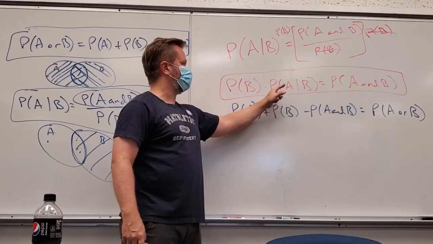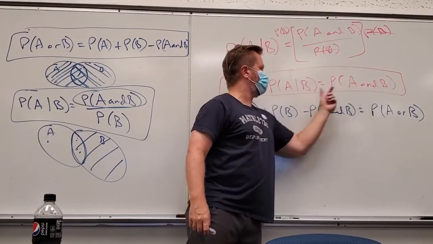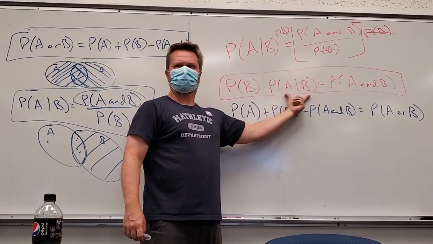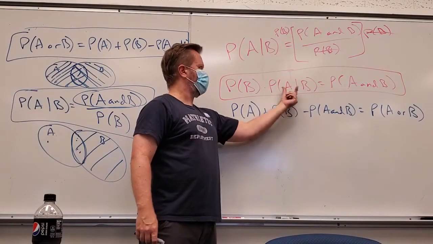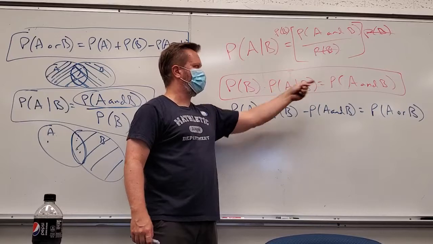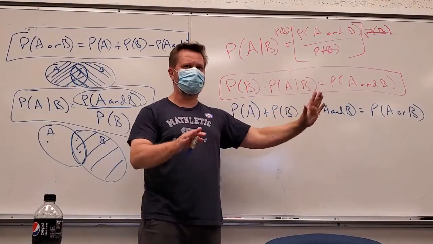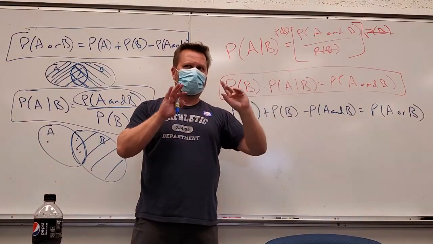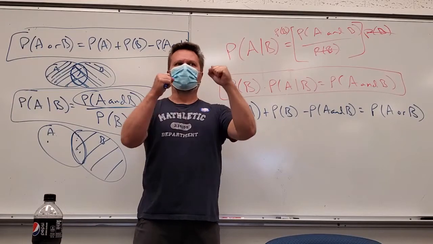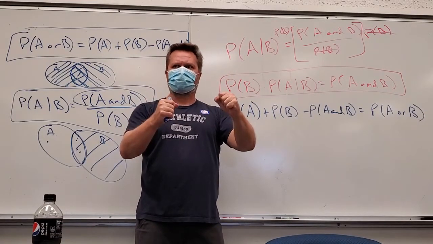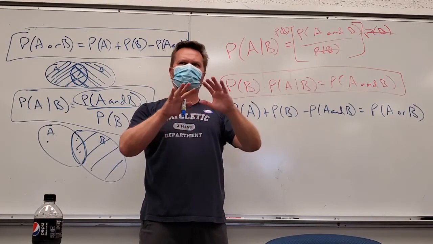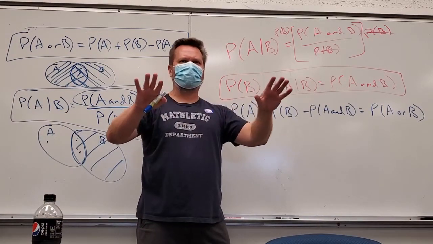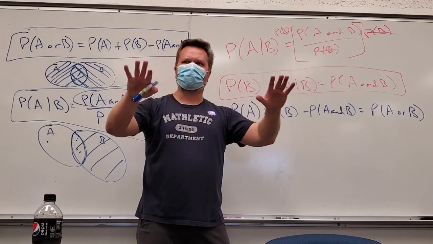It's not just the probability of one times the other, is it? You guys follow? This doesn't say probability of A times probability of B. It's a little bit of an adjustment. But and is basically multiply, or is basically add. I've said that a few times. So it seems like it's going to come back to bite us if we're not careful.